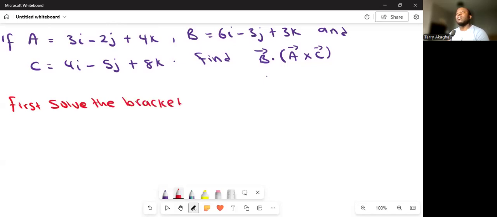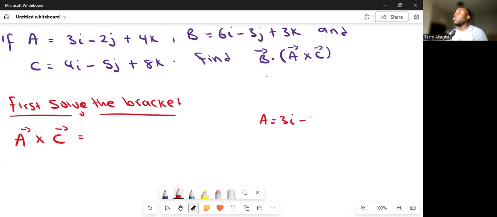So we're going to first solve vector A cross product with vector C. Remember, this is in unit vector form. So we had A to be 3i minus 2j plus 4k.